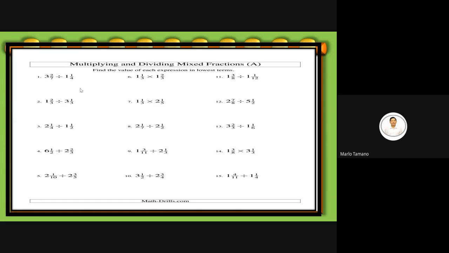Ilo-lowest term or mix na lang po. Okay? So, what is the mix? How many 35 do we have from that 92?